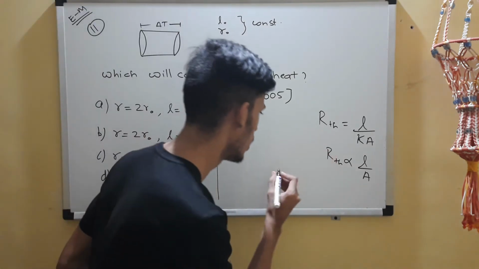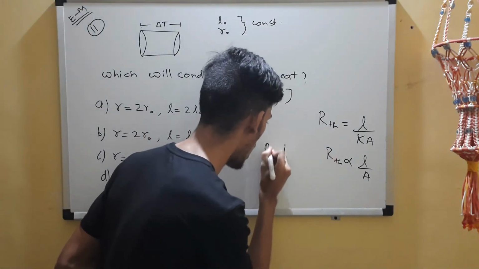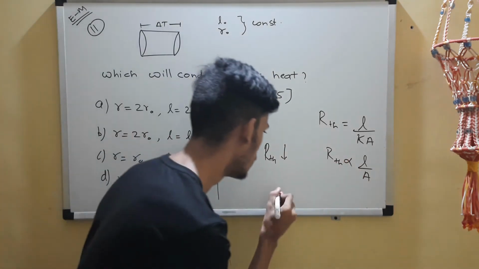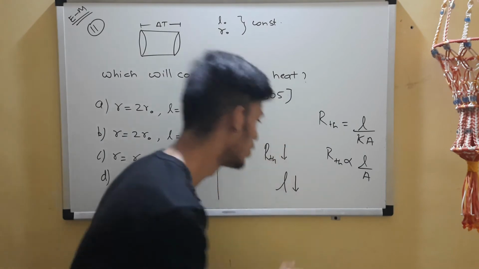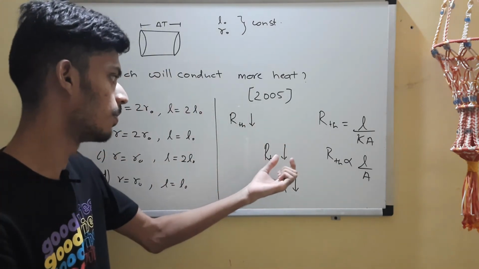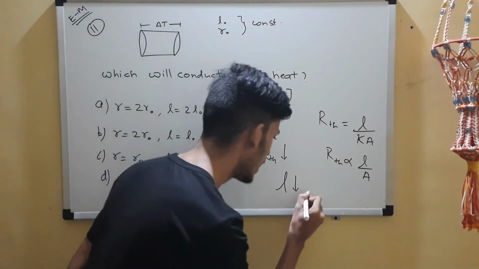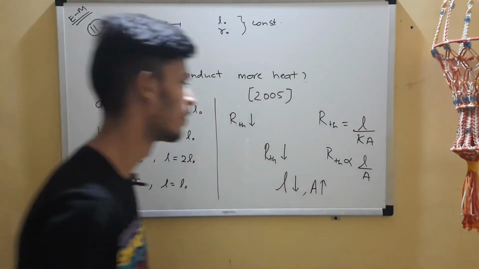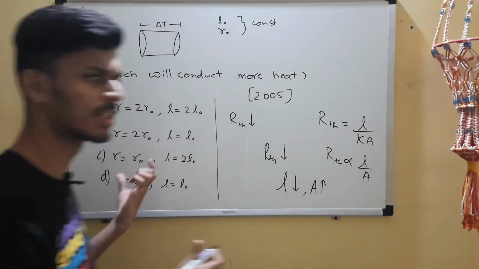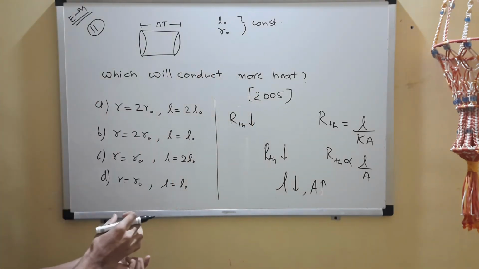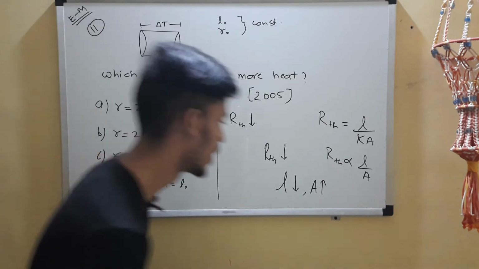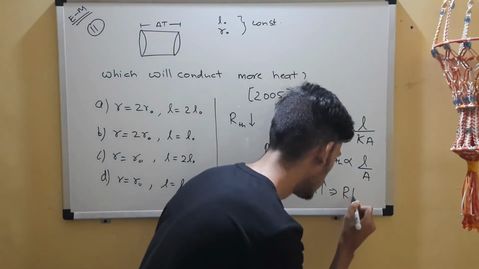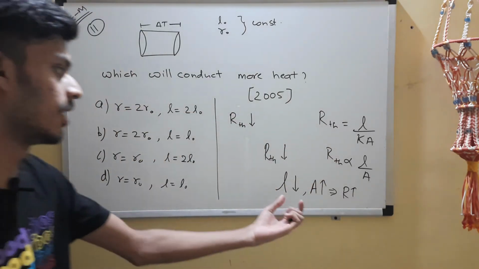So in this case, what do we want? L should be minimum, right? For R thermal to be minimum, L should be minimum, and A should be maximum since it's in the denominator. I'm just going to compare among the options, so that's why I'm saying minimum and maximum. So A maximum means radius should be maximum, a direct relation between the two.